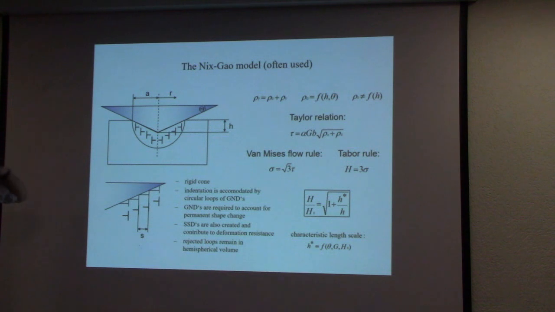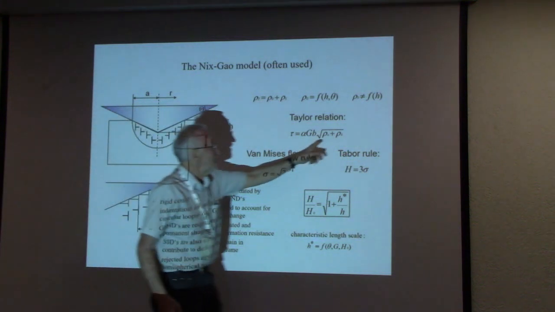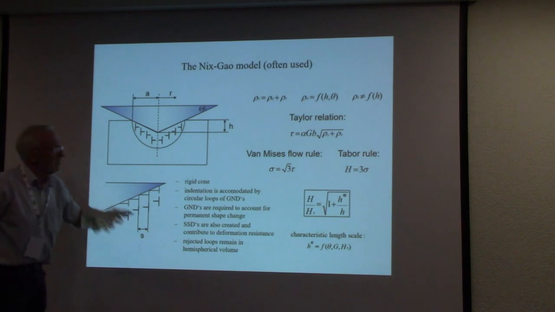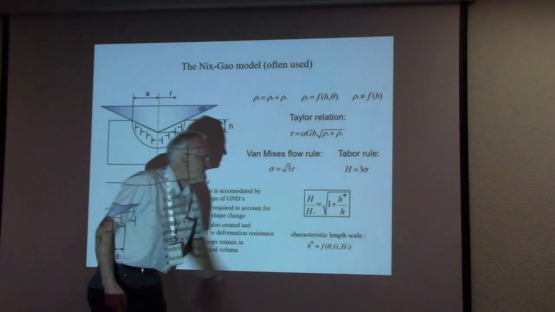These are also the base for the strain gradient theory, because in order to realize a strain gradient, you need geometrically necessary dislocations. And if you do this, then you come to this relation.